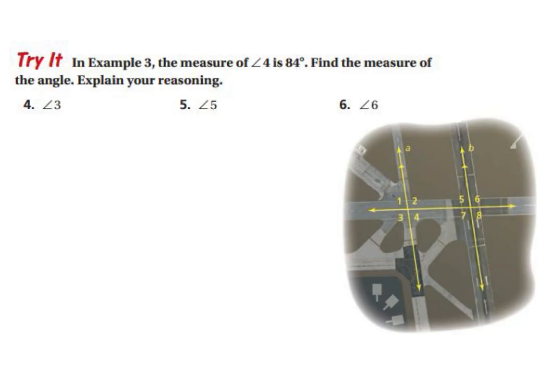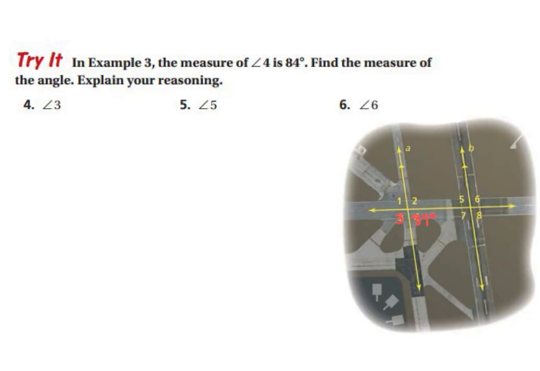In example 3, the measure of angle 4 is 84. Find the measure of each angle and then explain your reasoning. So angle 3 would be out here.